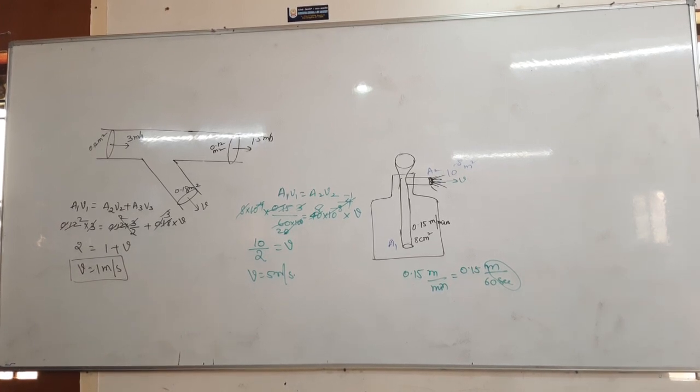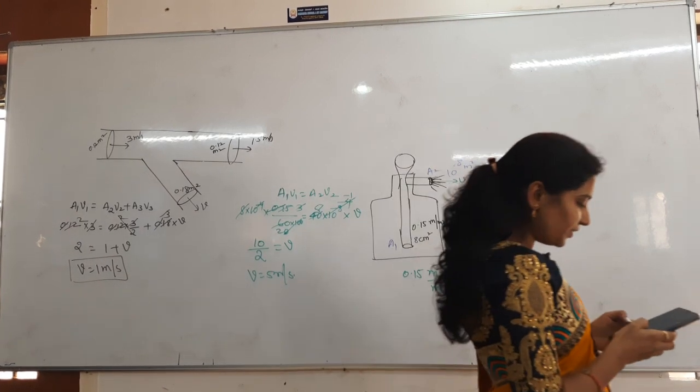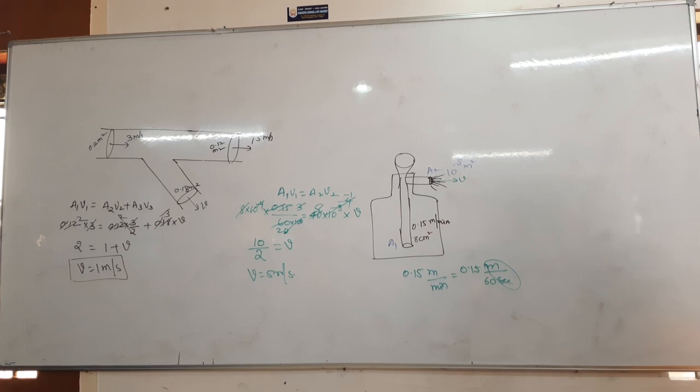Water is flowing through two horizontal pipes of different diameters which are connected together.